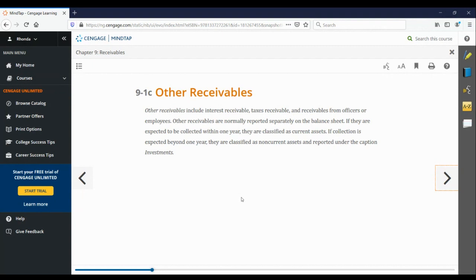If any receivable is classified as the collection will be beyond 1 year, then they will be considered to be non-current assets, which will be investments. So if we loan someone some money for a long period of time, it will go in the investment section of the balance sheet.